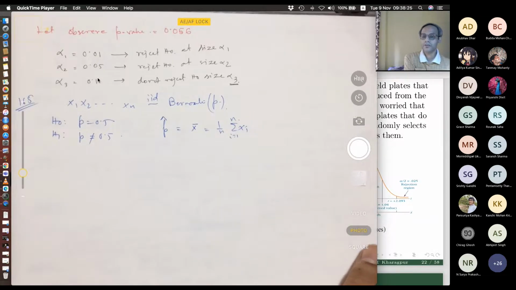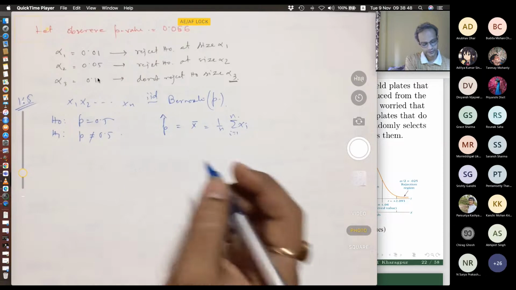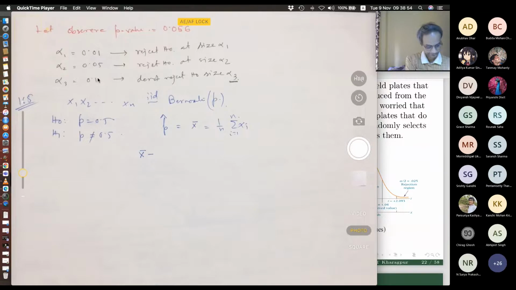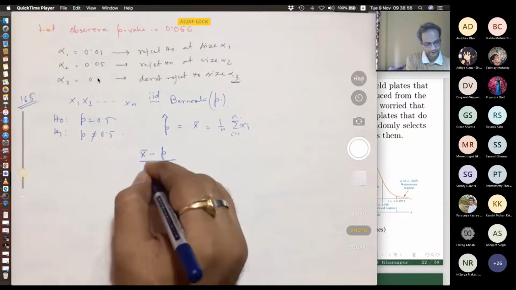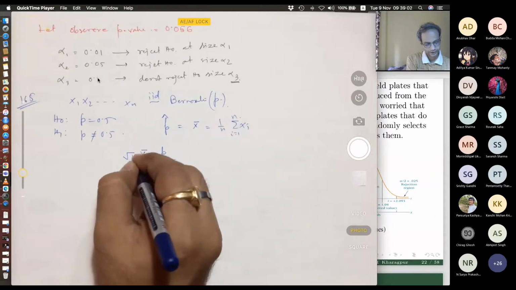Now, how will you do the standardization? The thing is, you don't know the small sample distribution. You can go for a large sample test, which you can derive from CLT. As a consequence, you know that X bar minus P divided by the square root of P into 1 minus P, times root n.